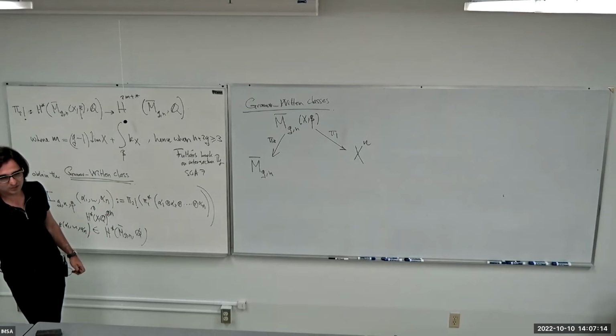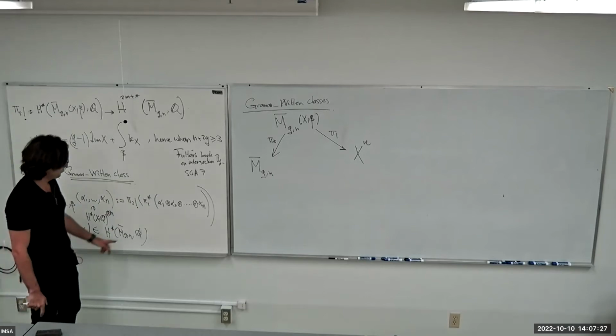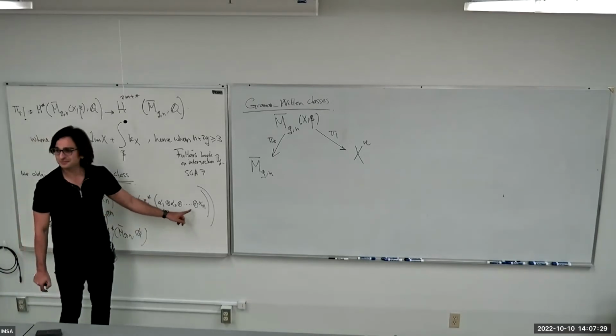Excellent. The stable curves that pass through these points. Good. Which points? Where are the points? What's the communication between points and these classes?